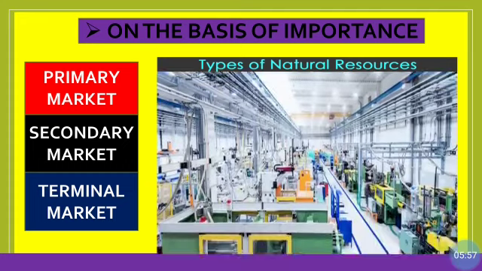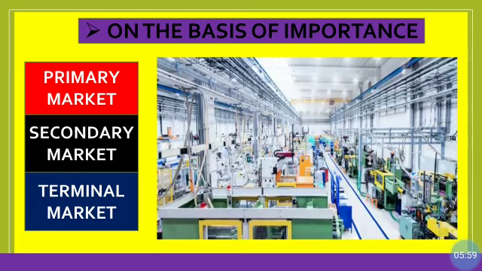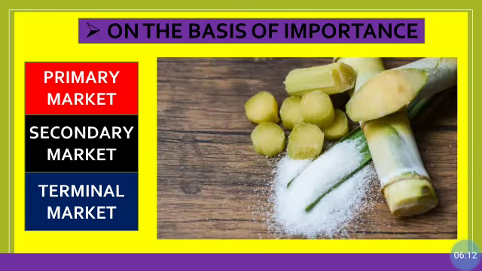Secondary market. Secondary market is dependent on the primary sector or primary market, but some processing work is done on those goods in industry. For example, sugar is extracted from sugarcane. In the absence of sugarcane, production of sugar is impossible.